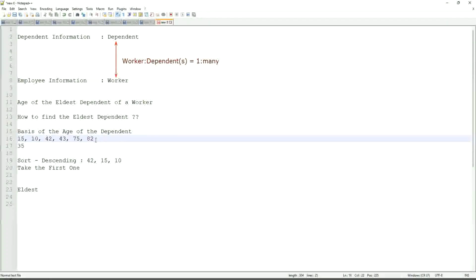So the first thing that we are going to do is find out the eldest dependent. So we will sort the dependents based on the age. And then we will see what is the criteria on the basis of which we are choosing. But first you realize that we are going to store the new calculated field in which business object, worker or dependent.